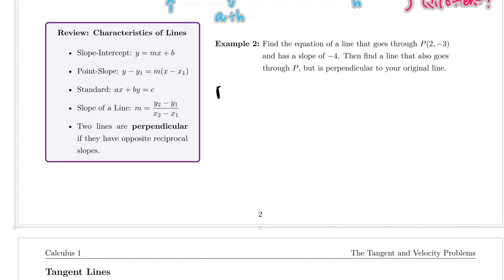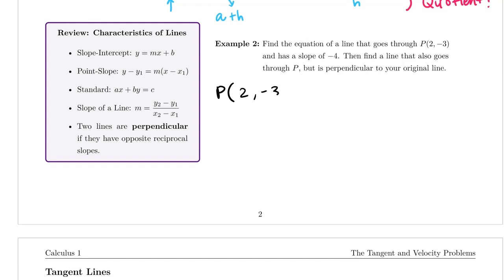So we know that our point is located at (2, -3), and we have a slope of -4. Looking at this purple box here on the left, doing some review, I know that the point-slope form of a line is y minus y1 is equal to m times x minus x1.